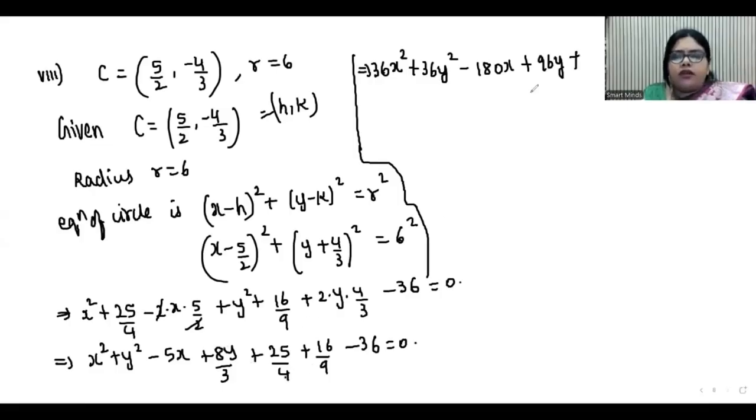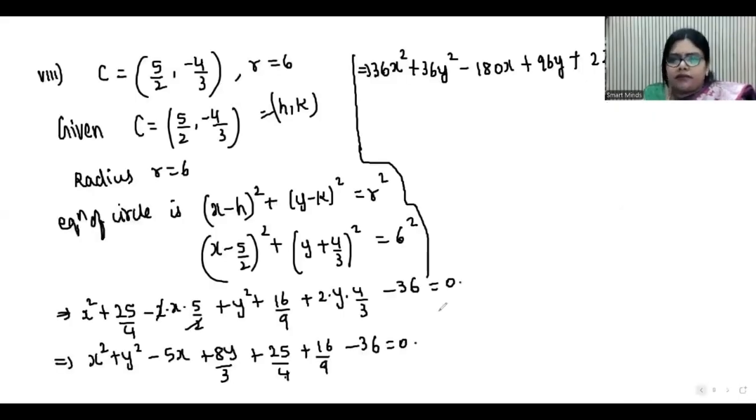So 25 into 9 is 225. 9 into 4 is 36. So 16 into 4 is 64 minus what is 36 into 36? 1296. Minus 1296 is equal to 0.